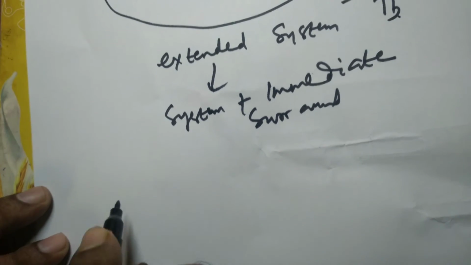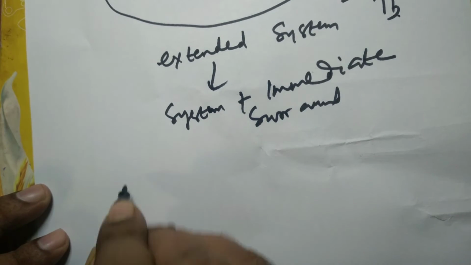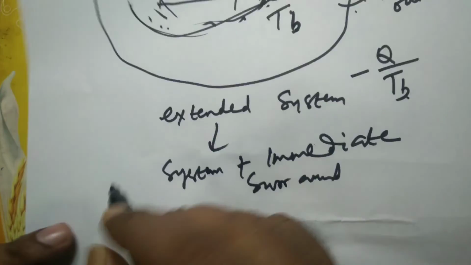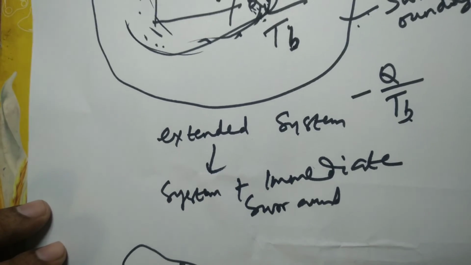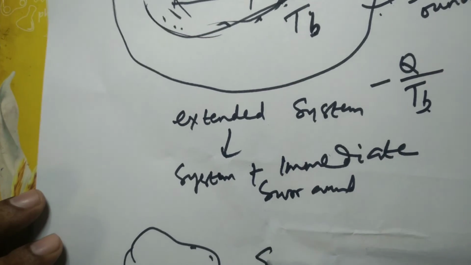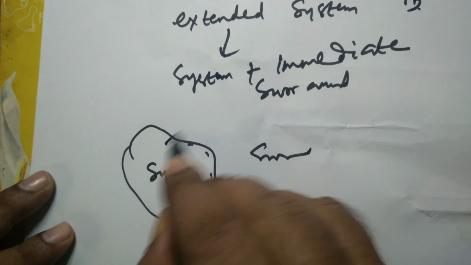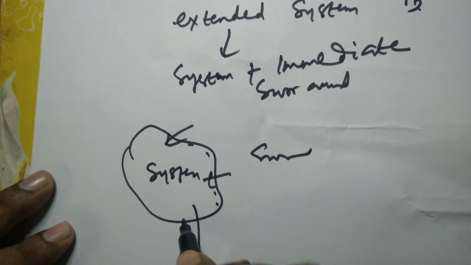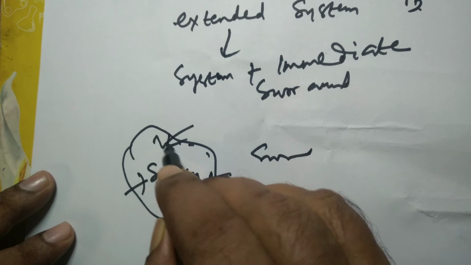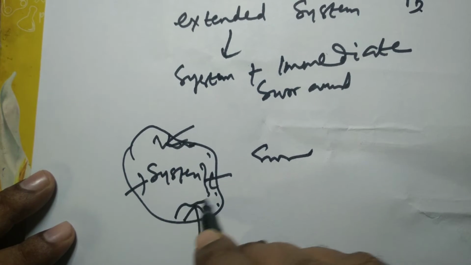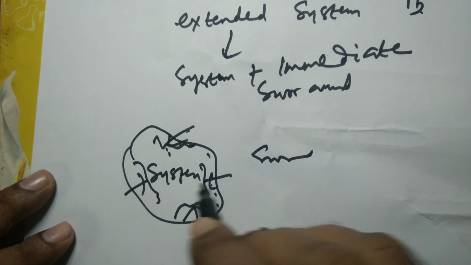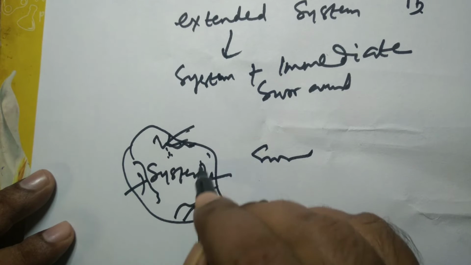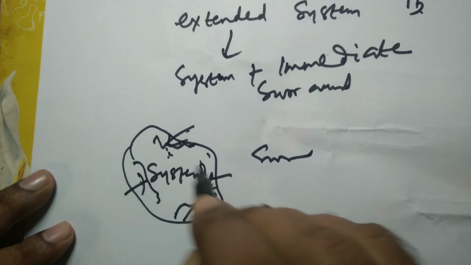And you see, suppose in a system, this is your system and this is surrounding, and heat transfer takes place at multiple locations, not at a single location, with different temperatures. Some heat is added or heat is rejected, whatever may be the case, but with different temperatures at different locations.